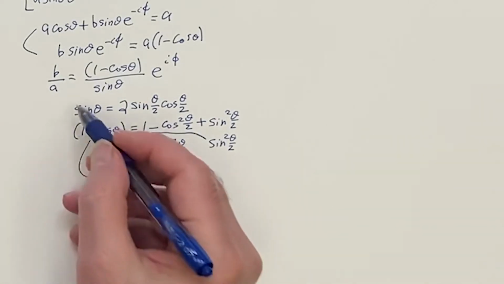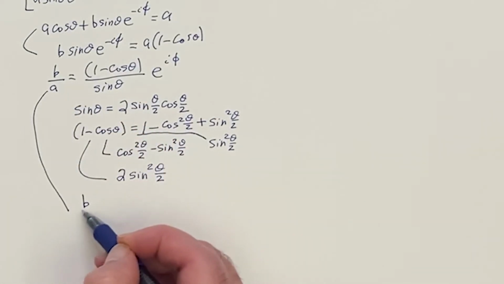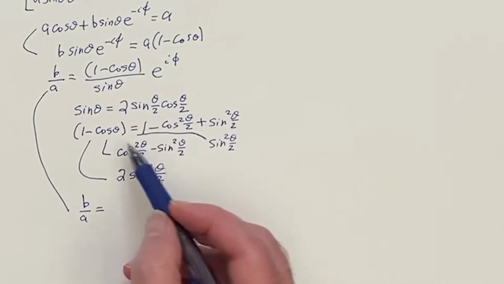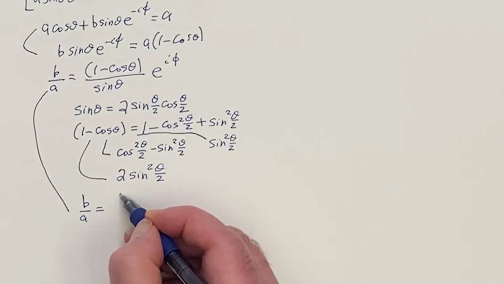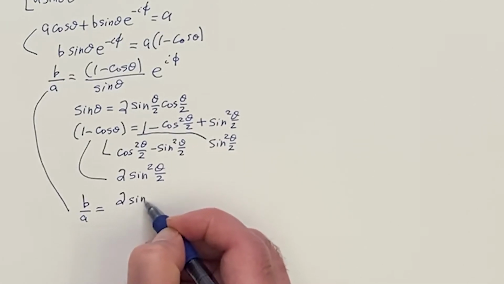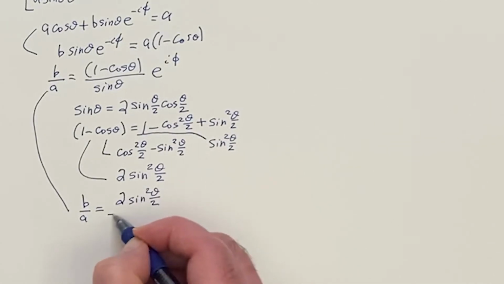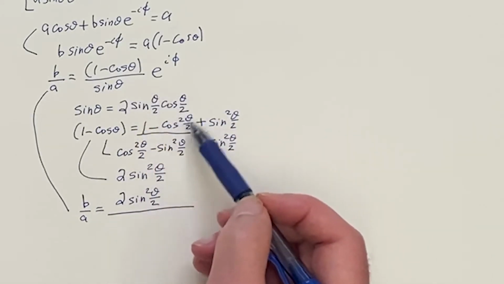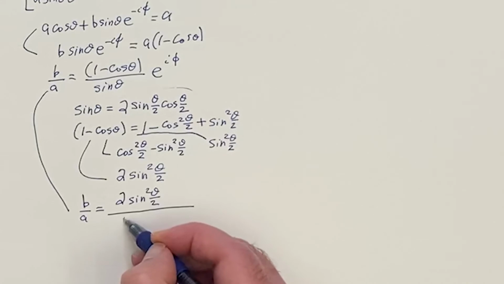Okay, now it's time to put all this together. So B over A, the 1 minus cosine theta, is going to be this. We put this up in the top. And then down below, we want the sine of theta, and that's this one here.